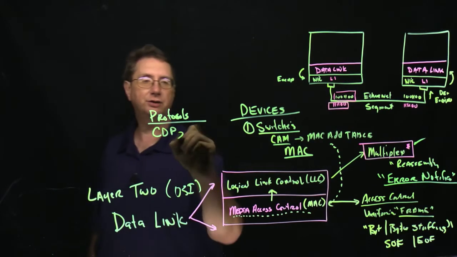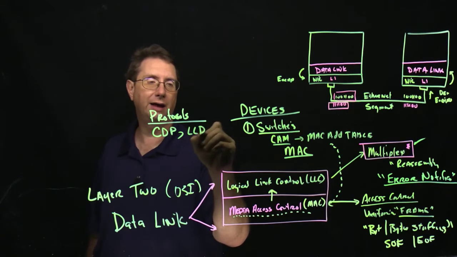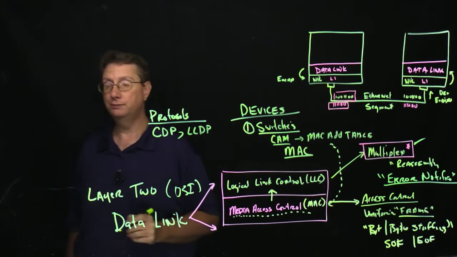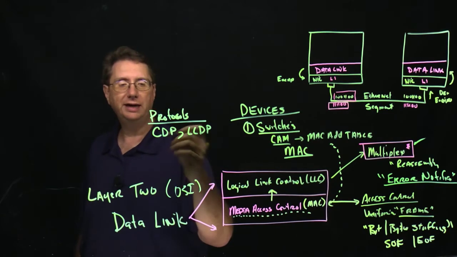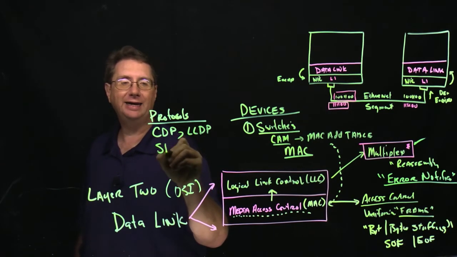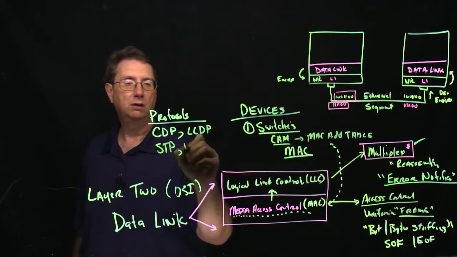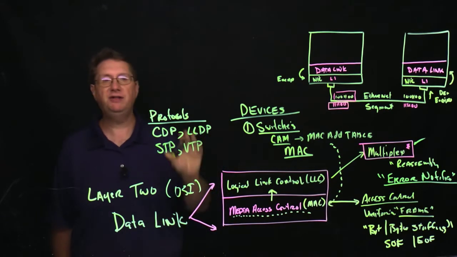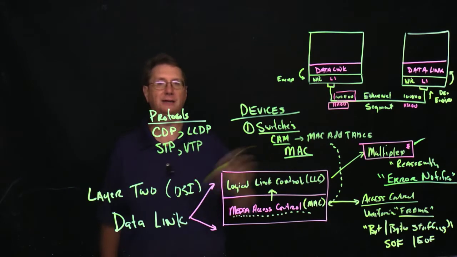The industry standards version of Cisco Discovery Protocol, LLDP, Link Layer Discovery Protocol. It operates at layer 2. When we start looking at things like Spanning Tree Protocol, VLAN Trunking Protocol, VTP, these are all protocols that operate at layer 2.